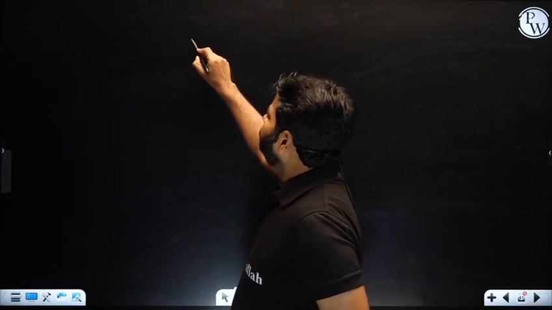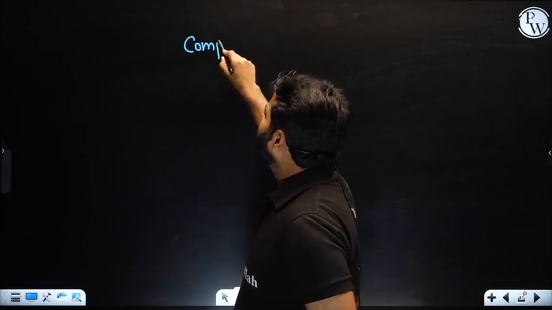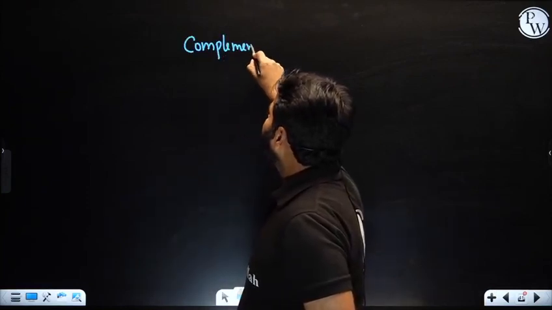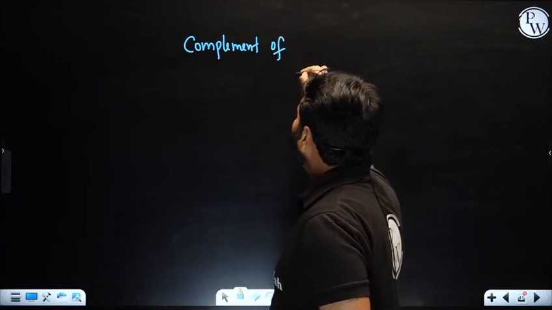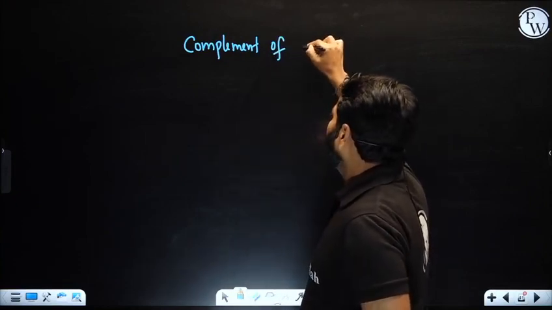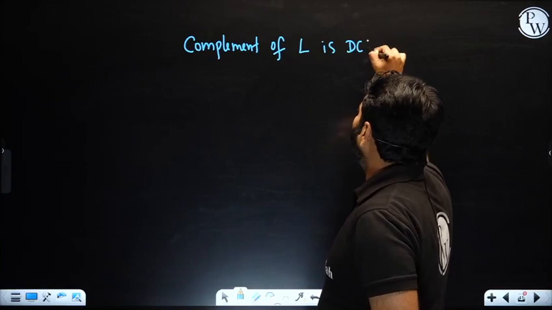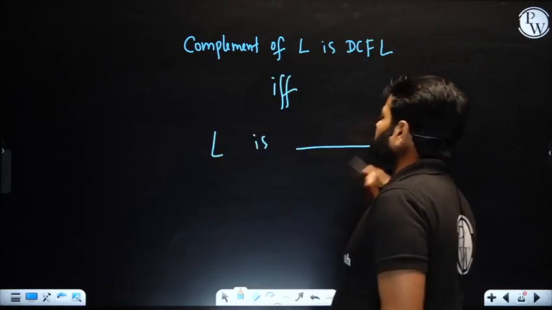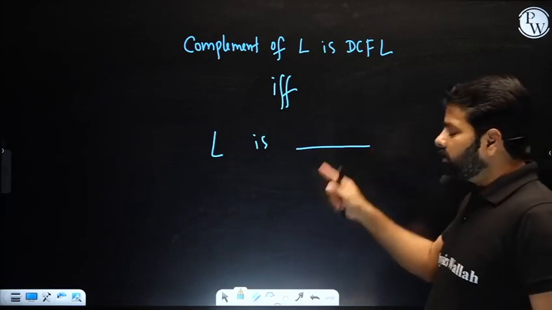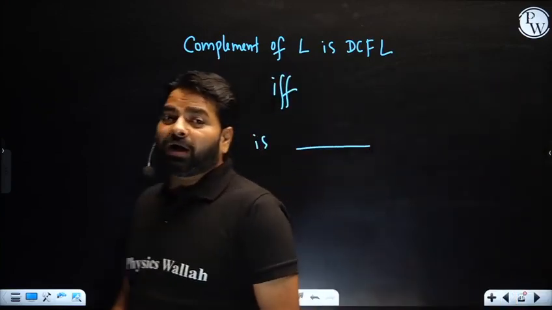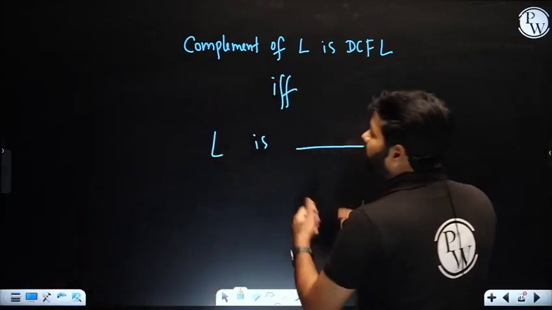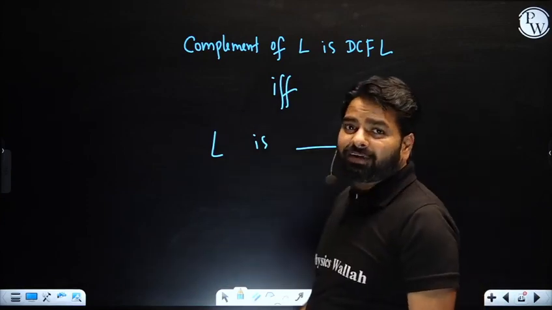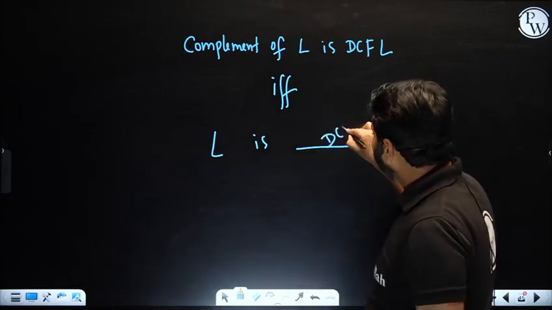Complement of L is DCFL if and only if L is dash. Here definitely you should answer only one thing, which is DCFL. You can't answer CFL now. If L is CFL, complement of L, you can't say DCFL, right? So here this has to be DCFL.